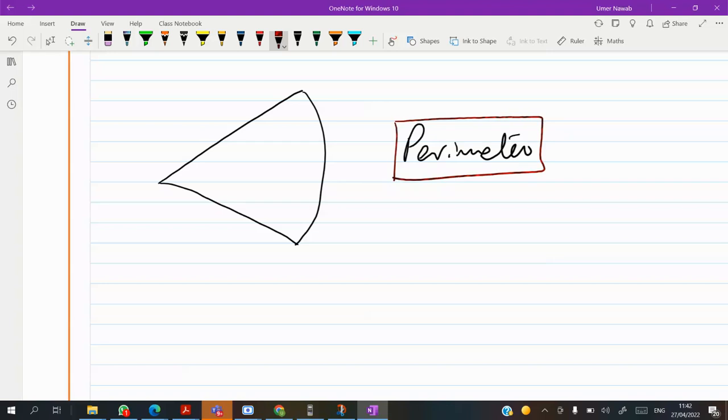the terminology of perimeter is used when we want to find the length of the sides or arcs which are actually bounding the shape. So this shape is bounded by a radius and an arc. So if you want to find the perimeter, it is r plus r plus arc.